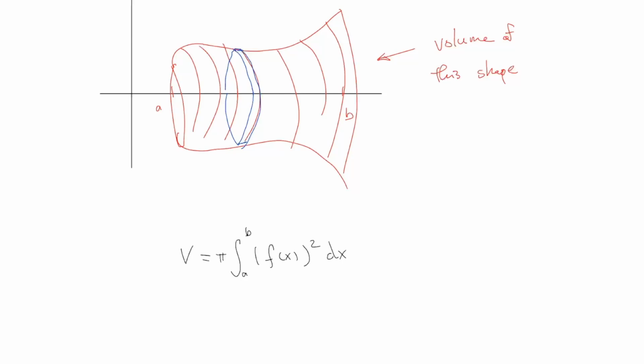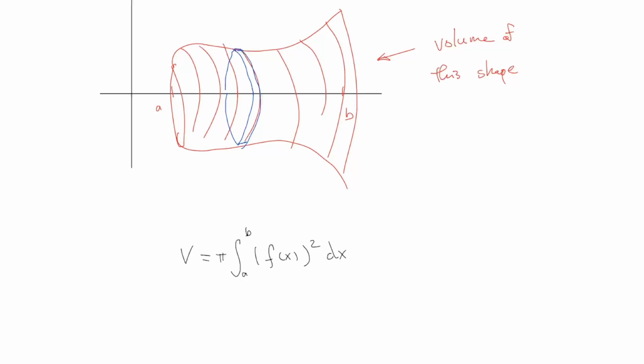and its volume is given by the formula pi r squared times the height. That's why you have this pi, and then this f of x squared is basically the r squared, because f of x is the vertical distance here, which is the radius of one of those little circles. So that's where this formula comes from, although you don't have to remember all the business, as long as you can remember the formula.